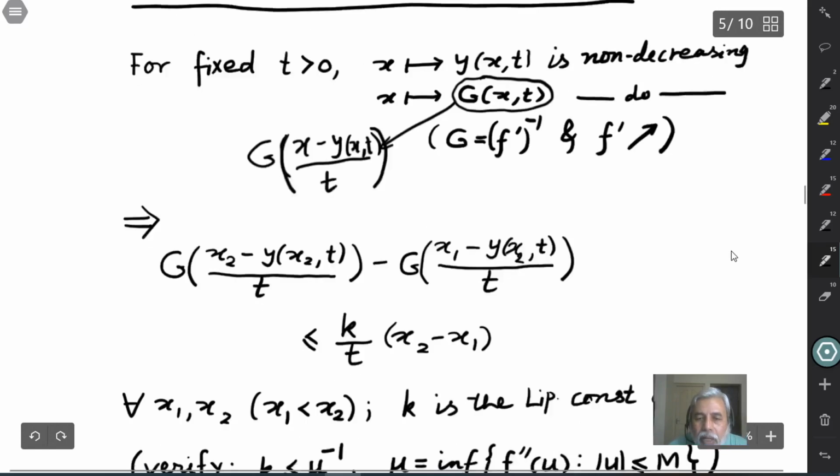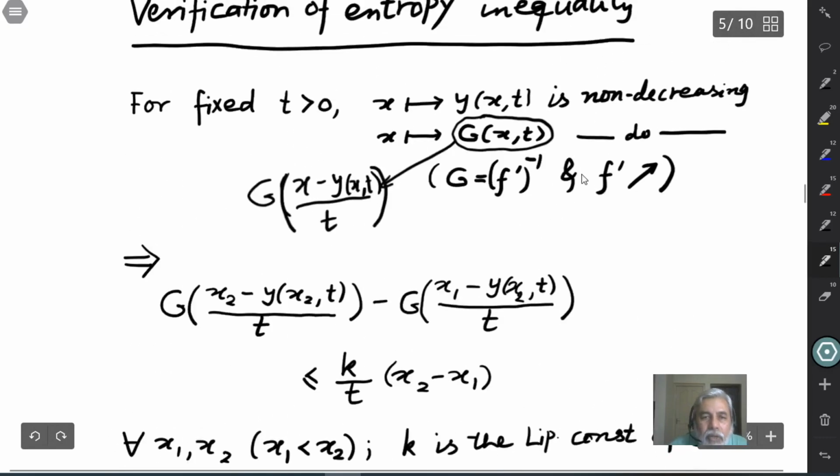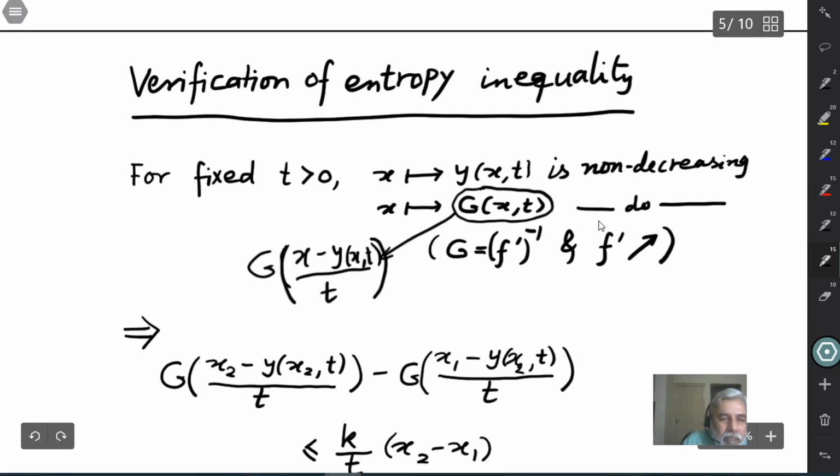Now, using the non-decreasing nature of these functions, we fix x1, x2 with x1 less than x2.